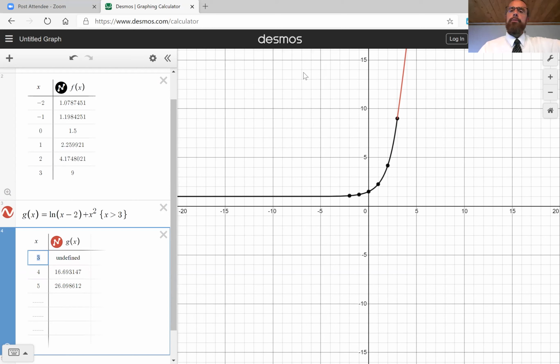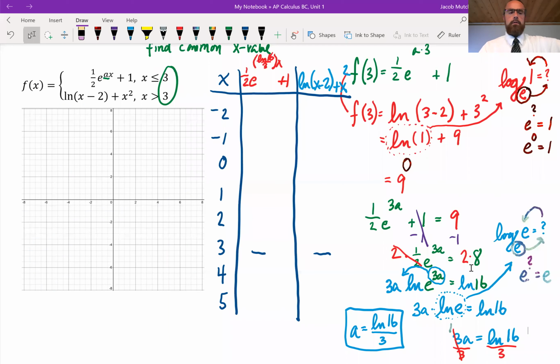So let's recreate that on our notes screen. I'm going to fill in the table with what we just saw from Desmos. 1.08, 1.20, 1.5, 2.26, 4.17, and 9.